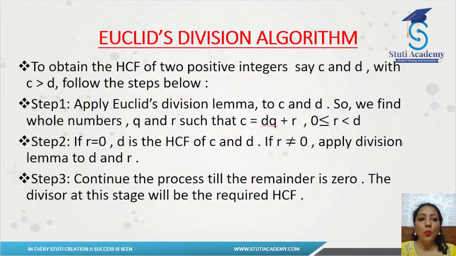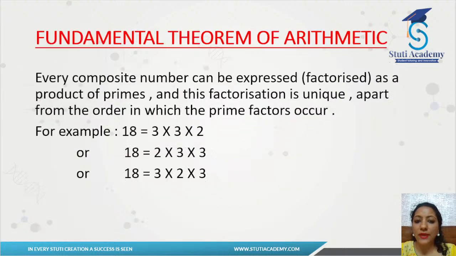Now, also, we had discussed the fundamental theorem of arithmetic in the previous class, which says every composite number can be expressed or factorized as a product of primes, and this factorization is unique apart from the order in which the prime factors occur.